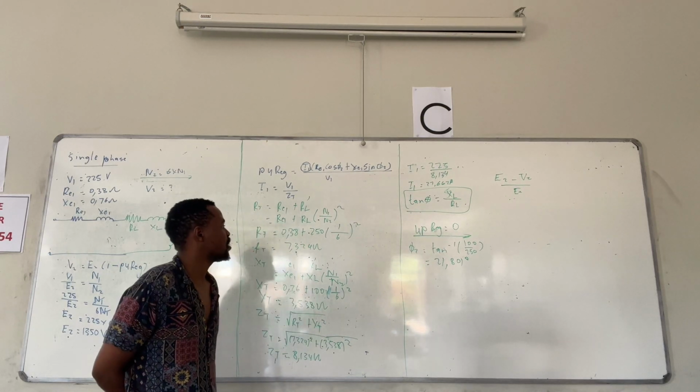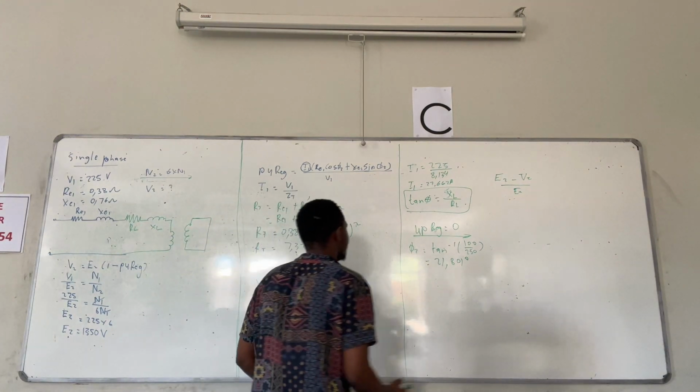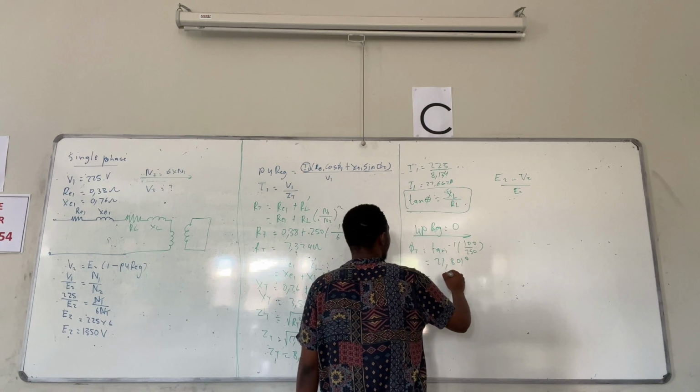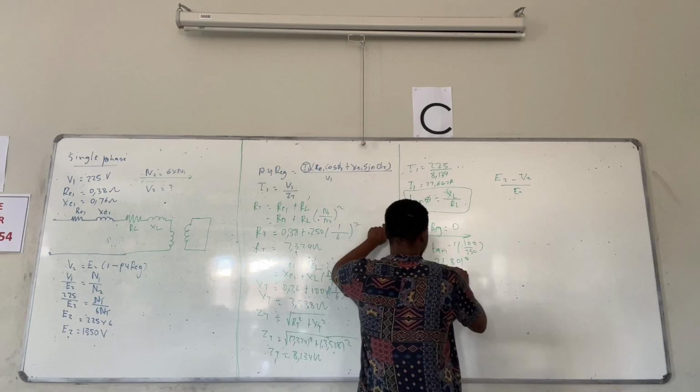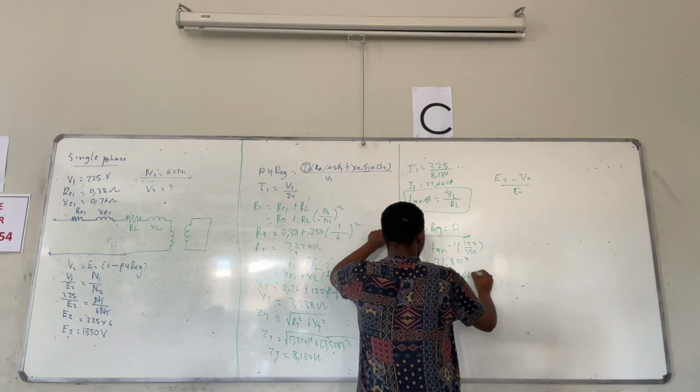Then we got the angle, and I1 is about 27.662.